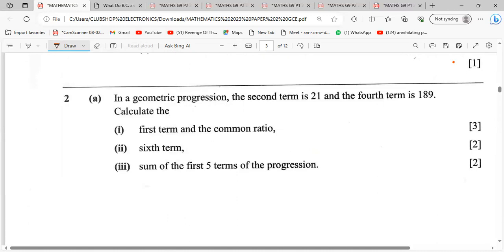In a geometric progression, the second term, T2, is equal to 21.